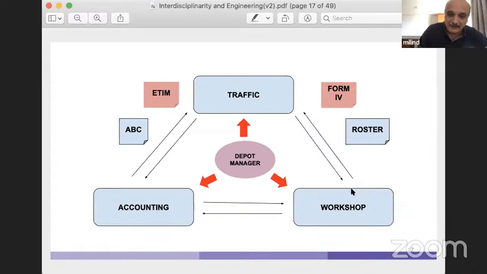Then there's some data pipeline, and by the way, there is a material pipeline as well. So essentially, there are three systems. There's a traffic system. There's a workshop which maintains the buses, and there's accounting which does the ticketing and so on. And it is controlled by a depot manager. And there are various data sets, ETIM and ABC, which are to do with traffic, and Form 4 and roster, which are to do with scheduling. So this is how the Taluka Bus Depot chip looks like.